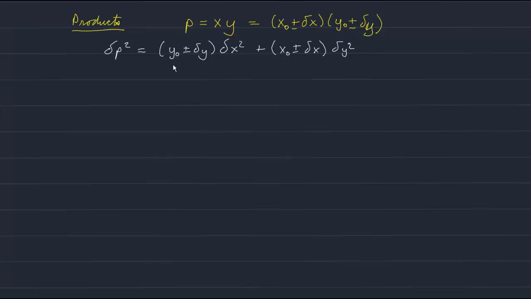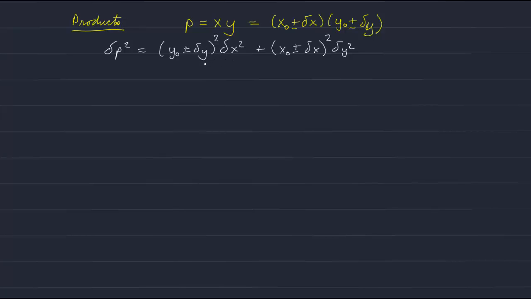So you'll see here that we'll have a product of the measured value times a delta, this should all be squared, and this should all be squared. And so you'll see we'll have measured values times, in this case, y naught times delta x squared.